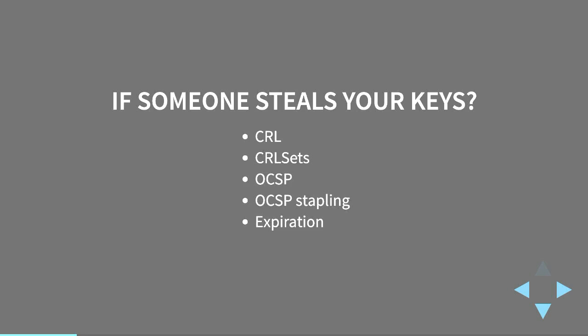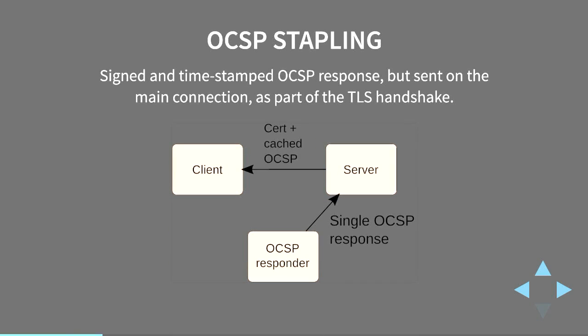And finally, if everything else fails or you cannot revoke the certificate, there's expiration. Basically, at some point, it's going to go out of date. With our current public certificates, it's usually months or years. And that's assuming you actually know you had a break-in again.